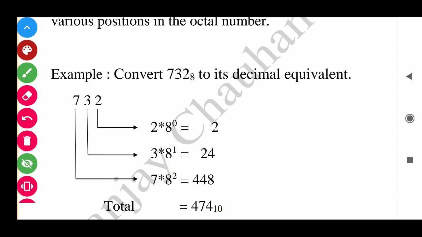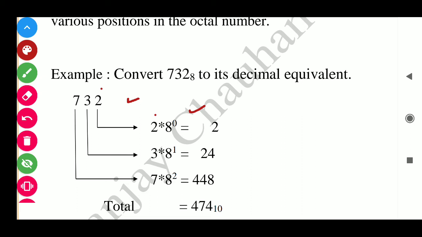Same way as we have done in binary, just write down that number here and write this digit 2 into 8, where in the binary case we were using 2. Here because the base is 8, we are using 8 raised to the power 0. Any number having power 0 means 1.